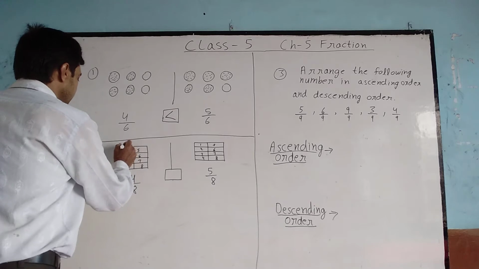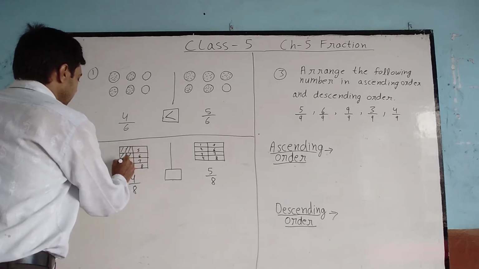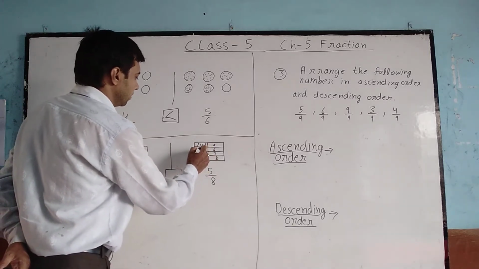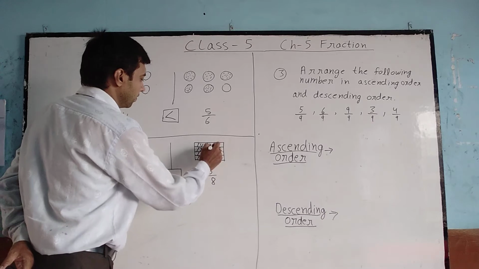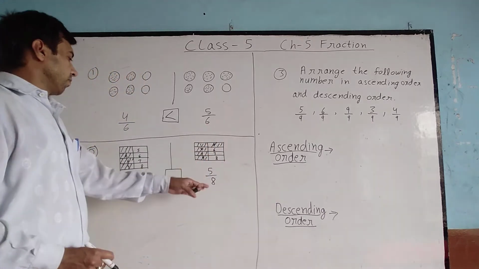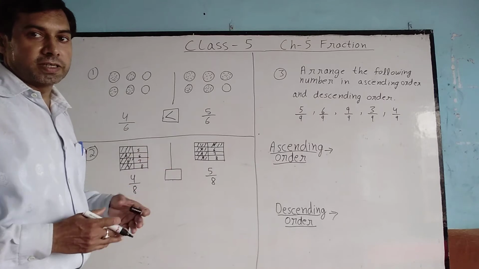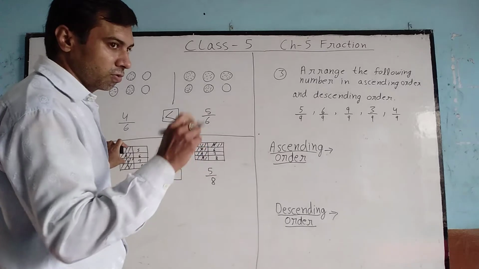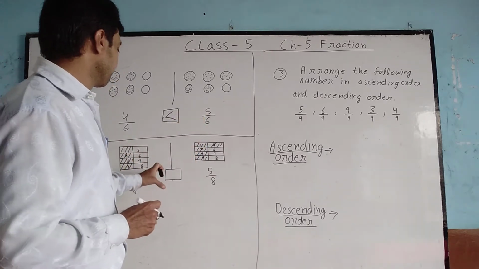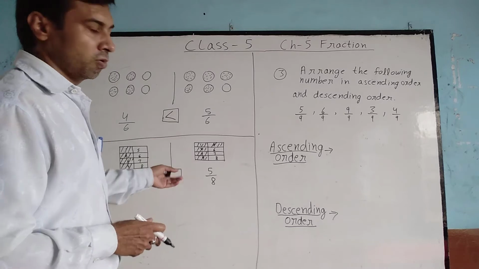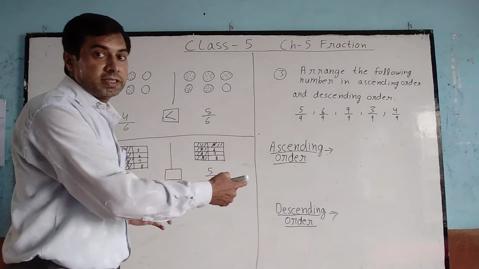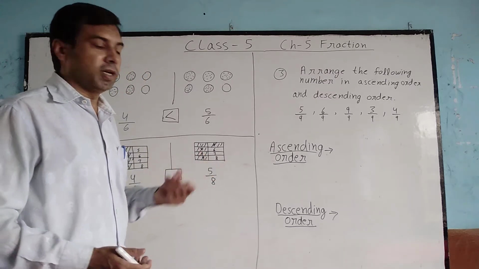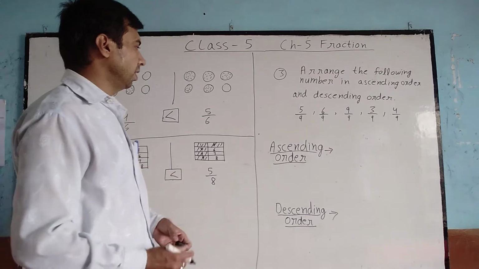Means here the selected part is 4, here the selected part is 5. So 5 by 8, 4 by 8. This was one question where you have to color that number of parts as per the numerators. Now which one is bigger? Same rule: if the denominator is same and the numerator is different, then the smaller numerator is the smaller fraction, and the bigger numerator is the bigger fraction. So 5 by 8.